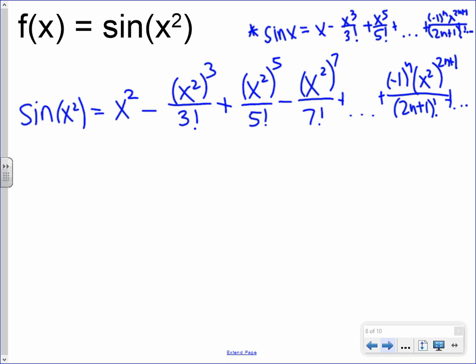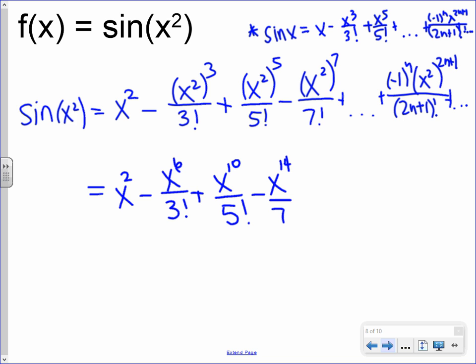So for our power series for the sine of x squared, all we have to do is work with some exponential rules: x squared minus x to the 6th over 3 factorial plus x to the 10th over 5 factorial minus x to the 14th over 7 factorial. Our general term would then be negative 1 to the n, x to the 4n plus 2 over 2n plus 1 factorial. Pretty slick, right?